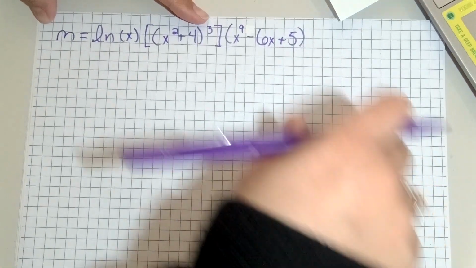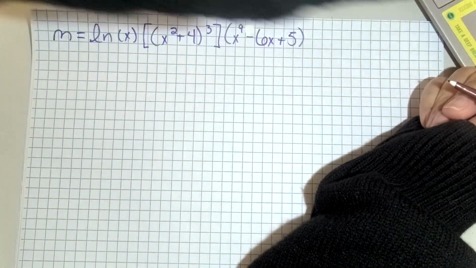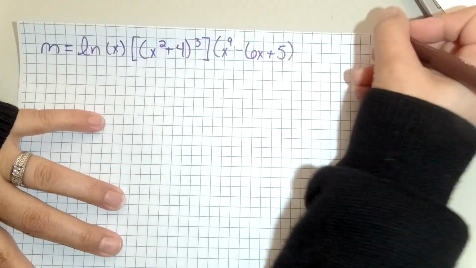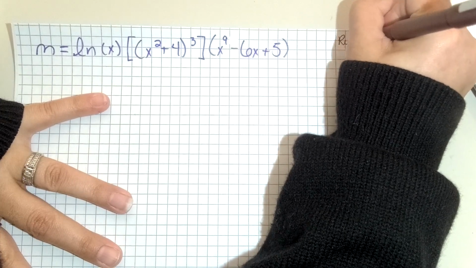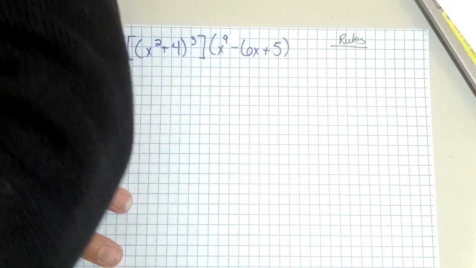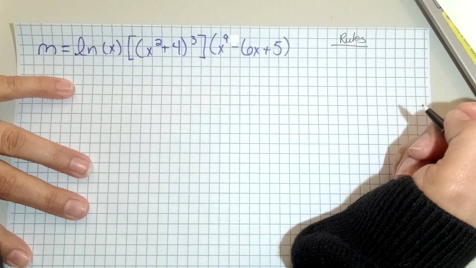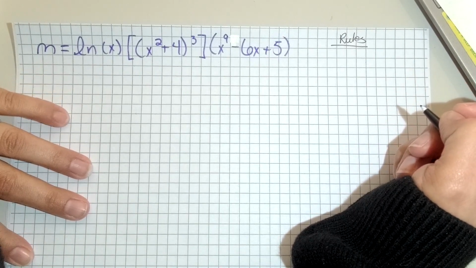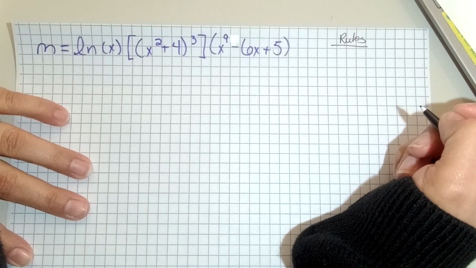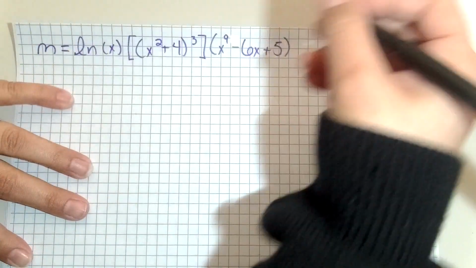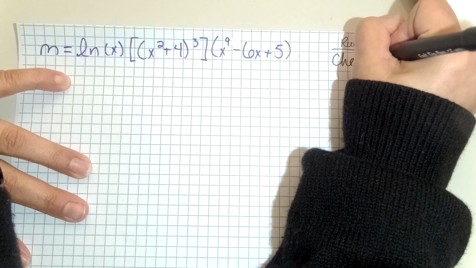Before I start taking derivatives, what are the rules that I'm using here? Other than power rule: chain rule, okay? How do I know there's a chain?